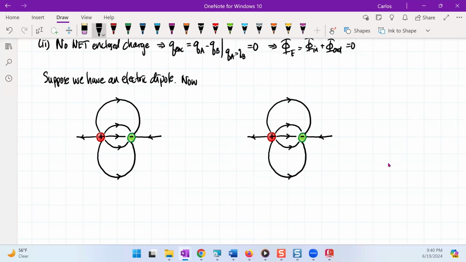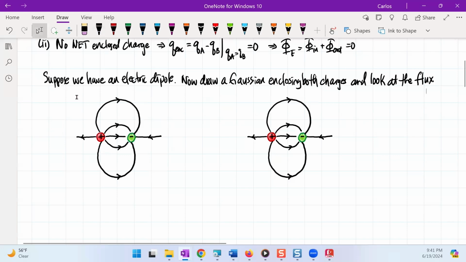Now draw a Gaussian enclosing both charges and look at the flux.